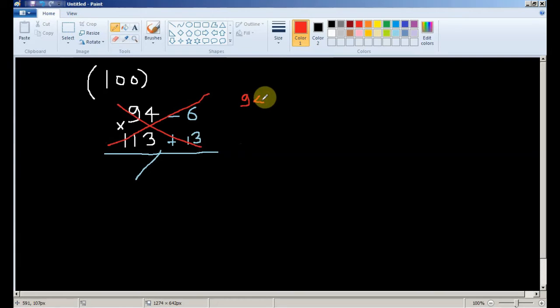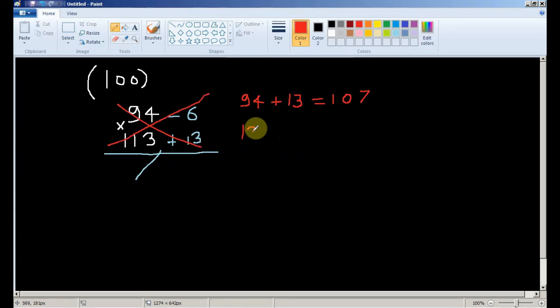94 plus 13, so 3 plus 4 is 7, 1 plus 9 is going to be 10. So this is going to be 107. Let me verify again. 4 plus 3 is 7, 9 plus 1 is 10, so 107.